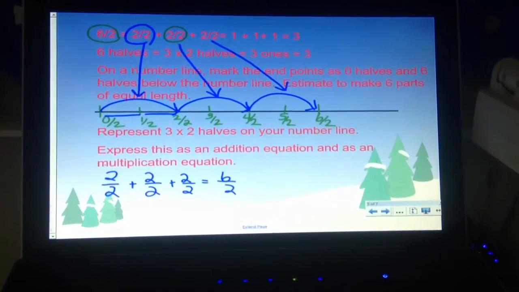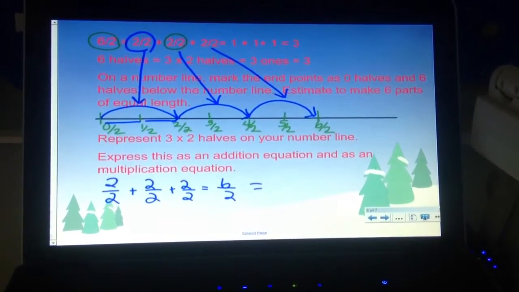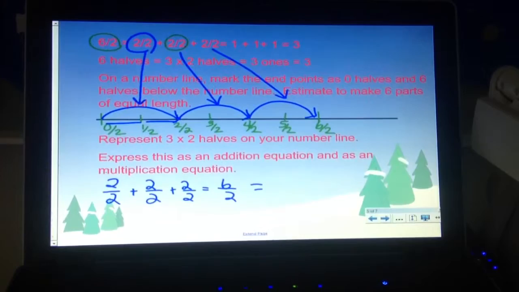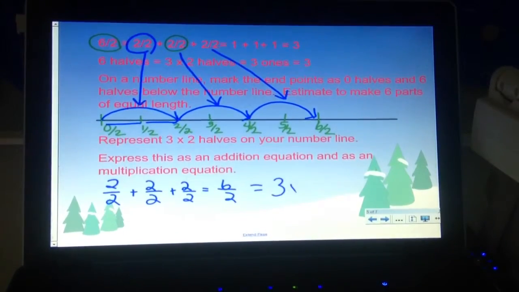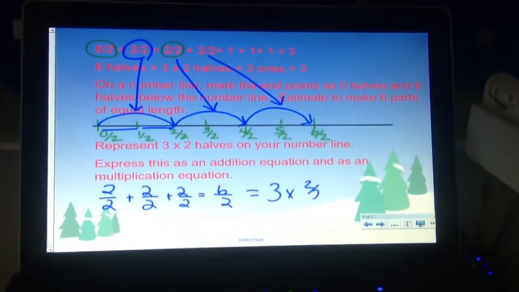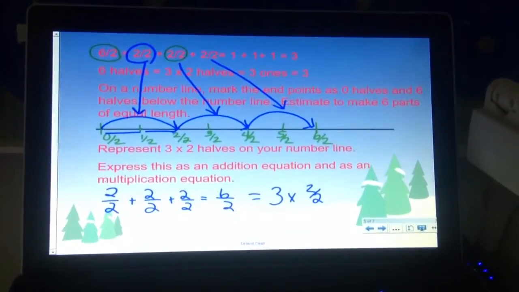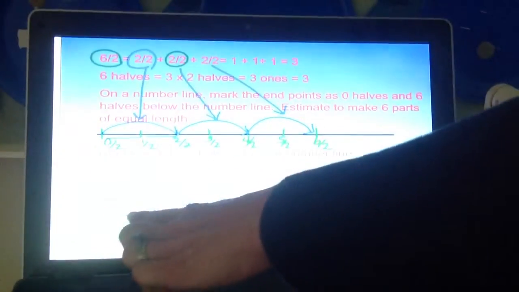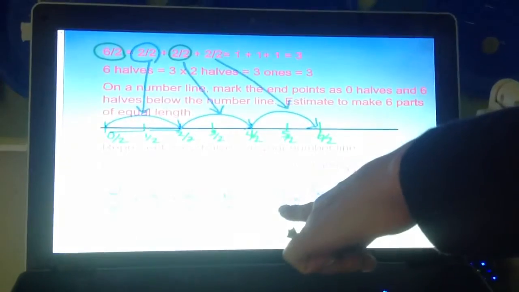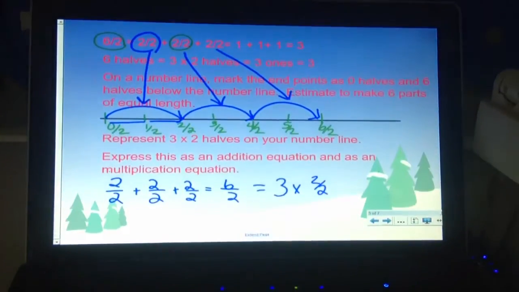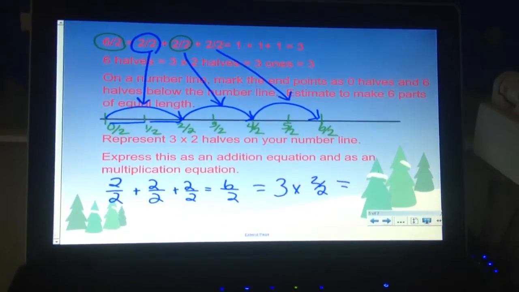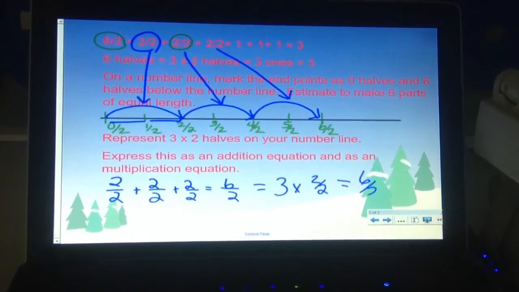I could also say 3 times 2 halves. So see, I have the 2 halves 1, 2, 3 times. There's my 3 times the 2 halves. And again, that's equal to 6 halves.